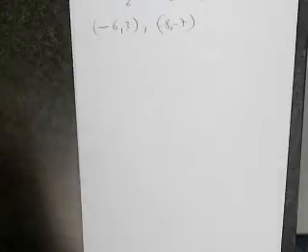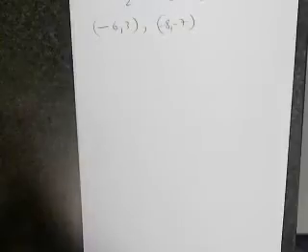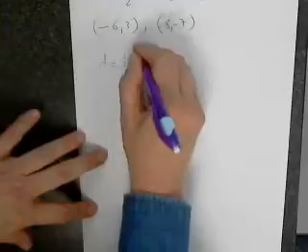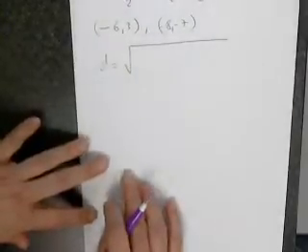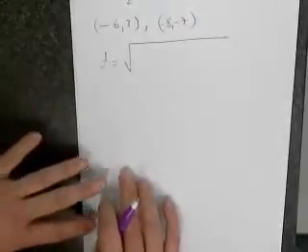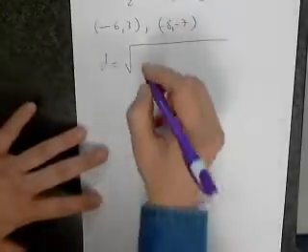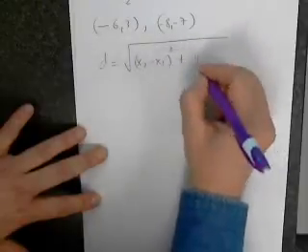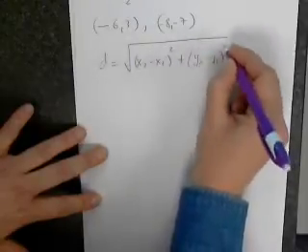Okay, distance. The square root of something similar to the slope: x2 minus x1 squared plus y2 minus y1 squared.